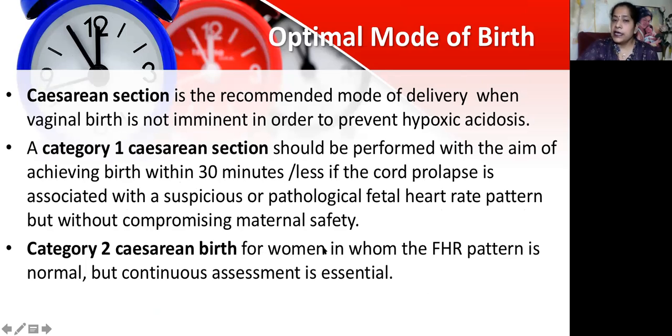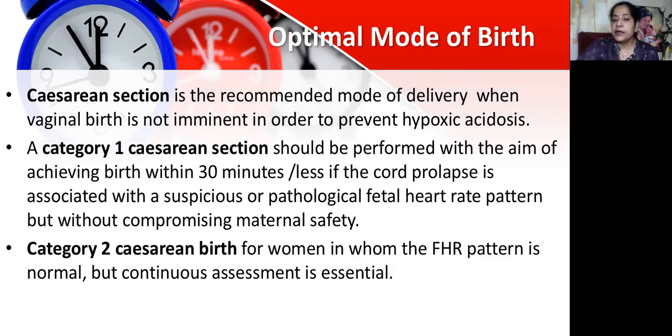Caesarean section is recommended to be the mode of delivery when vaginal birth is not imminent in order to prevent hypoxic acidosis. Category 1 caesarean section should be performed with an aim of achieving birth within 30 minutes or less if the cord prolapse is associated with suspicious or pathological fetal heart rate pattern without compromising maternal safety.